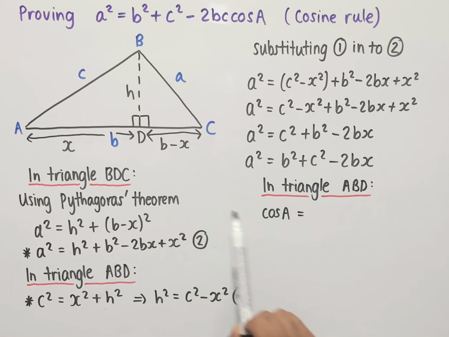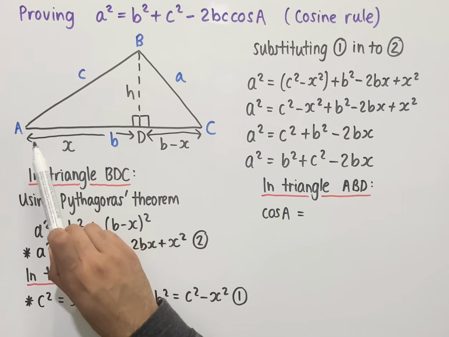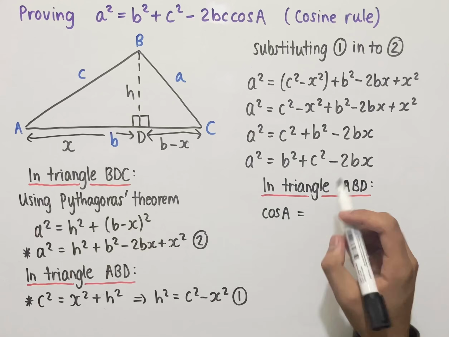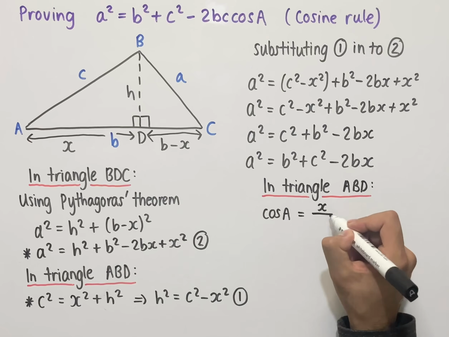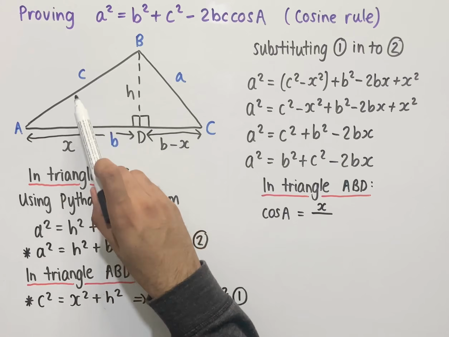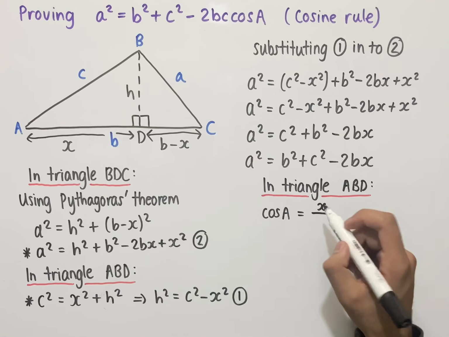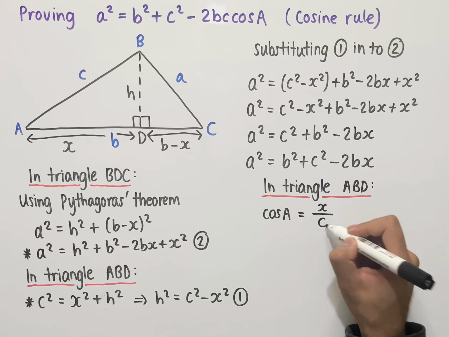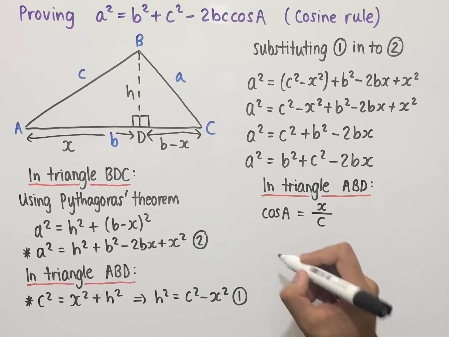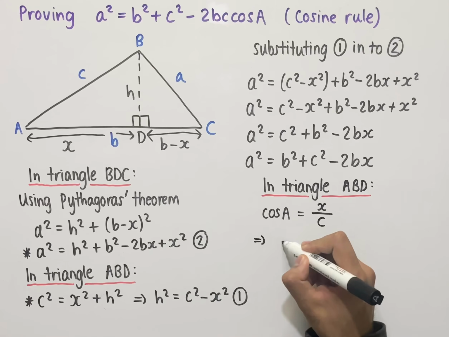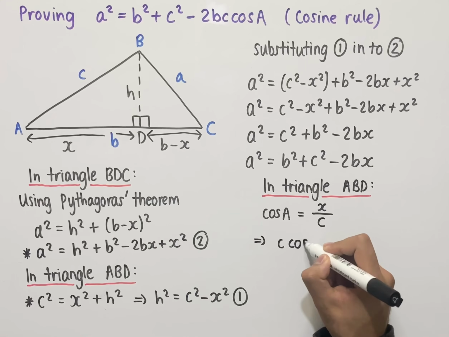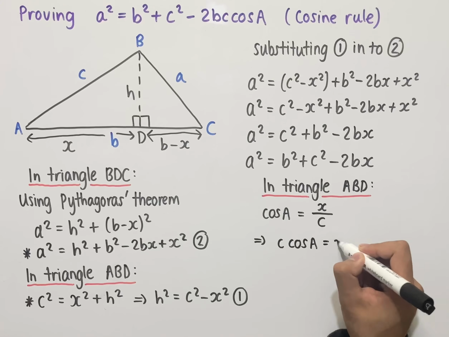So cos A is equal to the adjacent side, labeled as x, over the hypotenuse. The hypotenuse in this case is the side that's opposite the right angle, and so that would be c. So we have cos A equals x over c. Multiply both sides by c, we end up with c multiplied by cos A, which equals x.